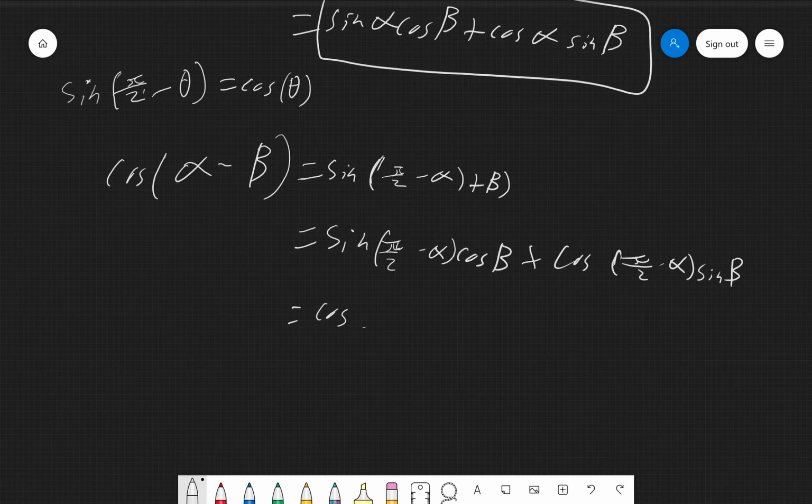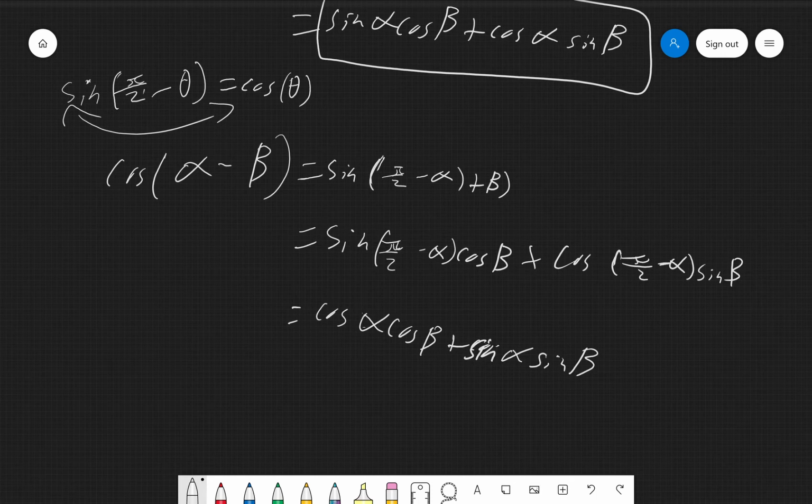Pi over 2. And that's equal to the cosine of alpha times the cosine of beta plus the sine of alpha times the sine of beta. By the way, this works the other way around too if you switch cosine and sine.